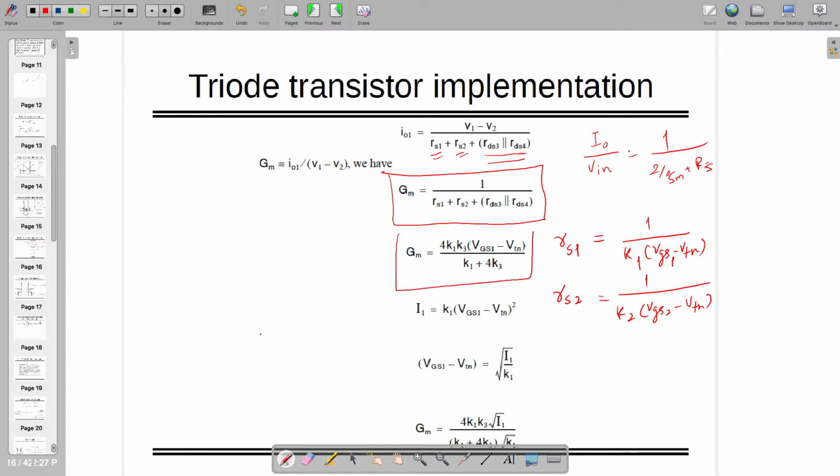the gm is equal to something like this, where it's 4K1 K2 K3 divided by 4K1 K3. When you are doing so, I1 is equal to K1 times VGS1 minus VTN square. This is also the square law equation, if you remember. It's same as what we were writing.